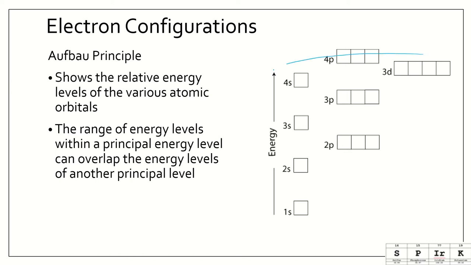Notice here we have some overlap. The 3d overlaps the 4s and the 4p. That's going to be important for us as we move forward. The 4s is actually lower in energy than the 3d orbital, even though it is a part of the third principal energy level.